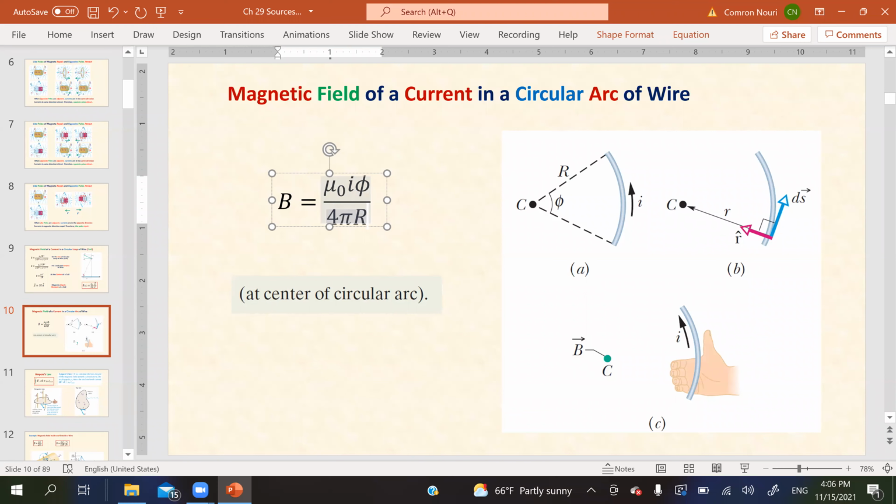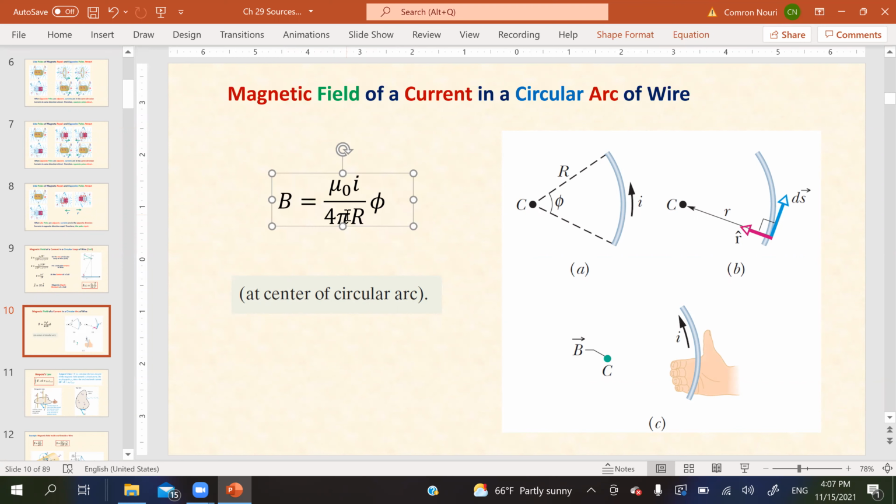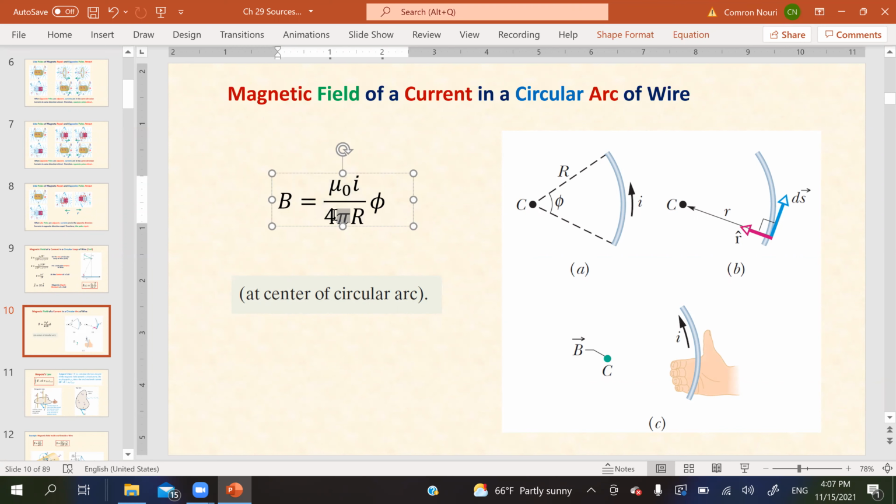And you can write it as, let me take this out and put that here, over, the 2 are the same as what we had for the wire, then divide by this. Oh, shoot.